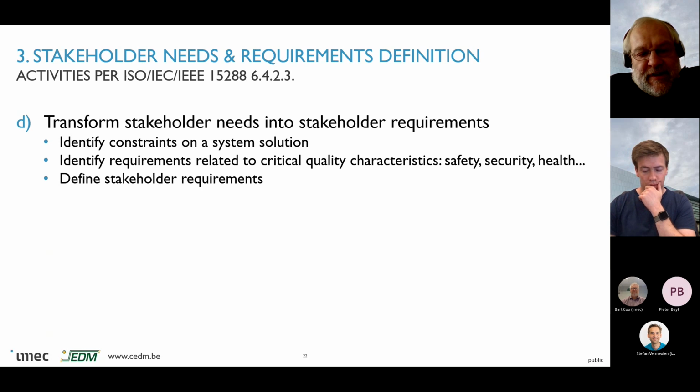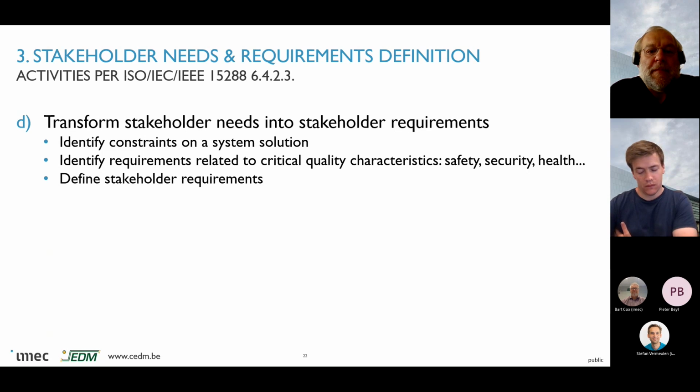Then the stakeholder needs need to be transformed into stakeholder requirements. The difference between a need and a requirement is that a need is an expression of something that is wanted. A requirement is a statement which can be verified. We used in the previous session the example of wanting quality coffee.